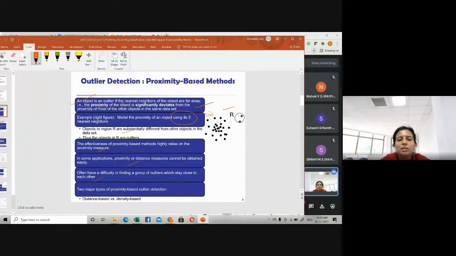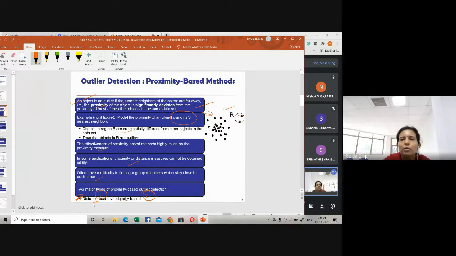Proximity based methods fall into two categories. This is what we are discussing in today's class. The first one is the distance based method, and the second one is the density based method. That is, the distance based outlier detection method based on proximity, and the density based outlier detection method based on proximity.